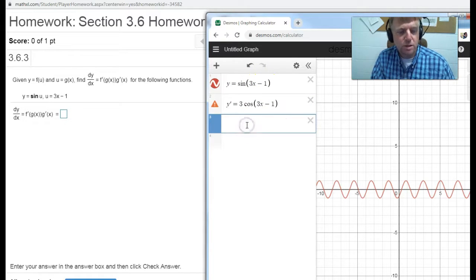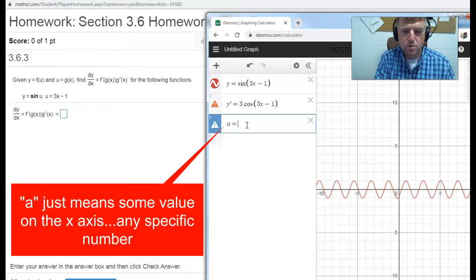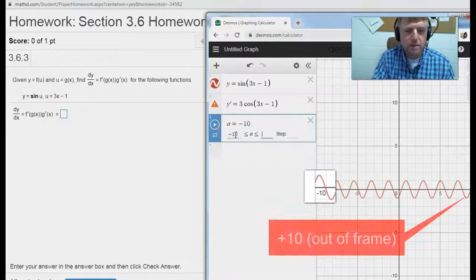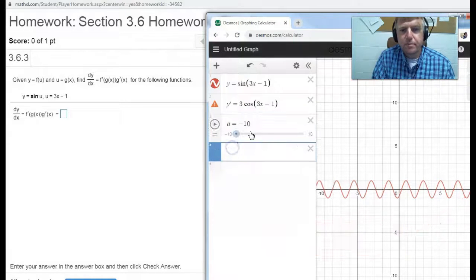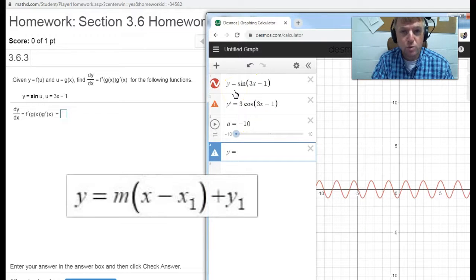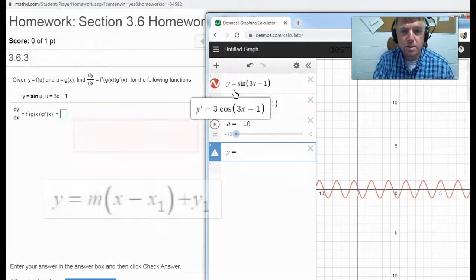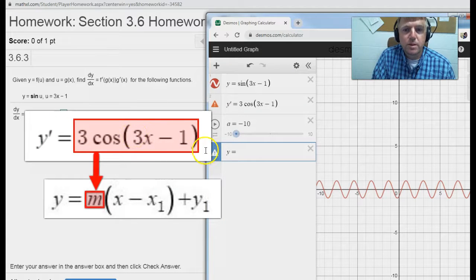Now, once again, to show you that it is, I'm going to say a equals negative 10. I'm going to let a go between negative 10 and 10. All right, and then we're going to use that tangent line notation. y equals m(x minus x1) plus y1. So m is the slope. Well, this is what I'm saying the slope is.